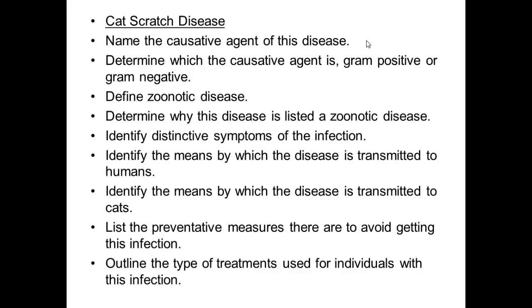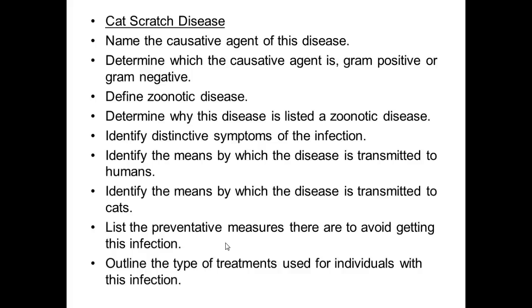So how is it transmitted to humans? Bite or scratch, but most importantly, if you have a wound, it could be infected. How's it transmitted between the cats? Fleas. That's how they get it. What's one way we could maybe prevent it?